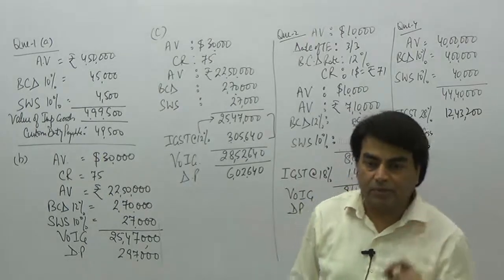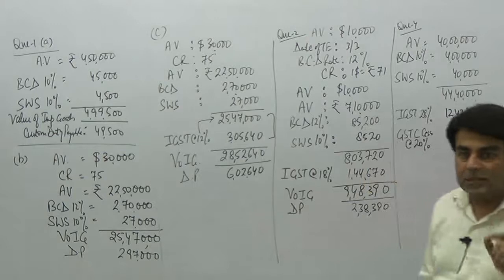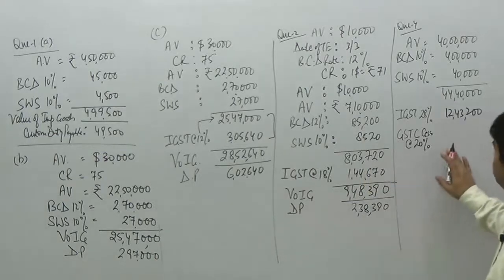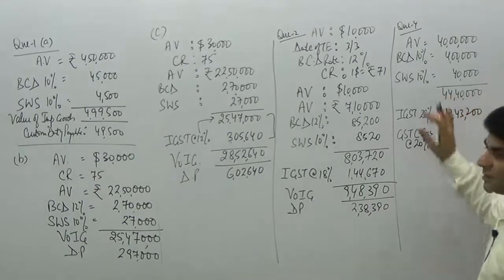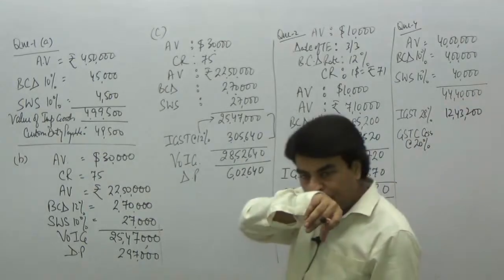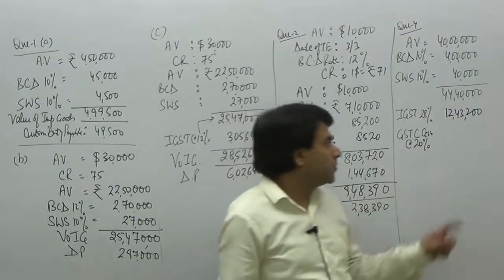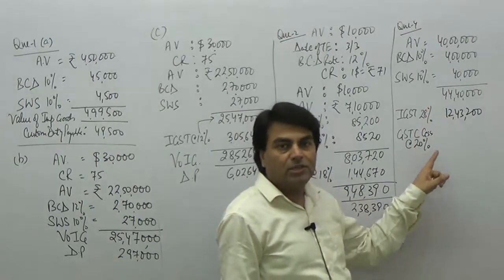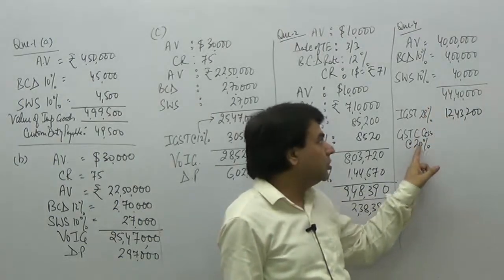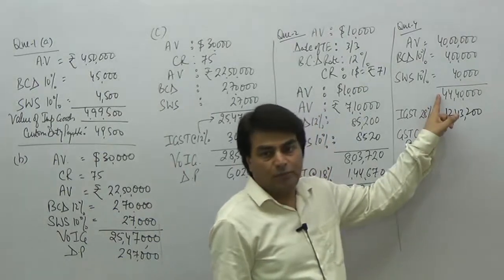So you must remember that compensation cess is to be worked out, is to be computed on this value only. The value or the amount on which you have worked out your IGST amount, on the same value you are computing the GST compensation cess also. That means 20% you need to apply on this value.